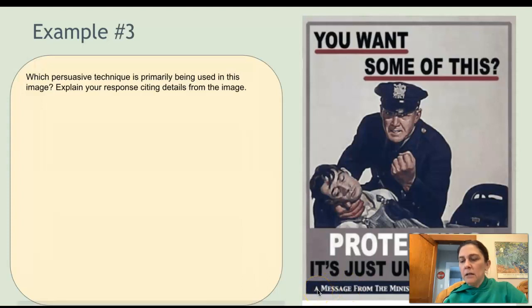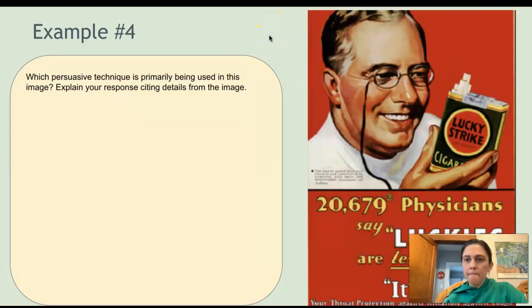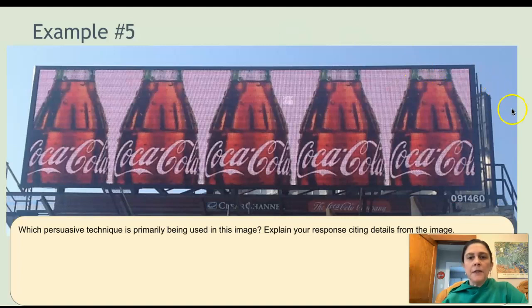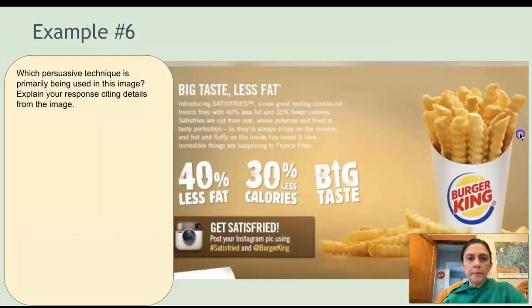Protesting is un-American." So it has a cop and apparently a protester. Here you have a doctor with some Lucky Strike cigarettes, advertising Luckies. In the fifth example, you have a billboard sign with several bottles of Coca-Cola. Here you have a Burger King fry ad.